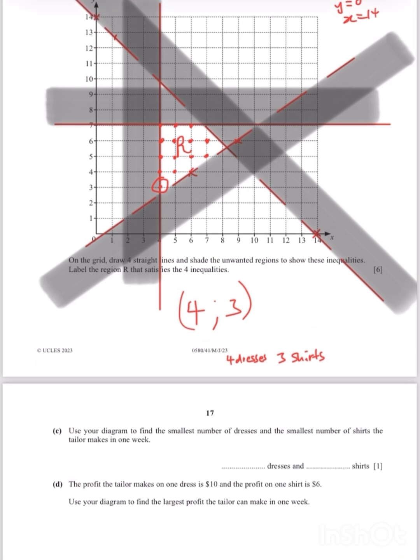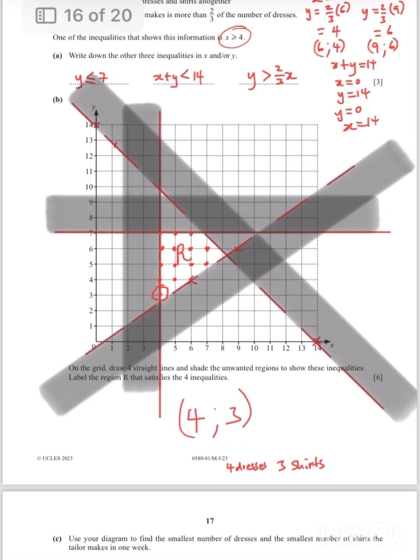Then it's saying that the profit the tailor makes on 1 dress is $10, and the profit on 1 shirt is actually $6. So use your diagram to find the largest profit the tailor is going to make in 1 week.